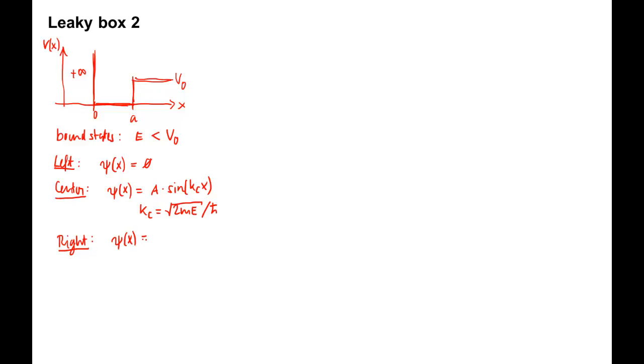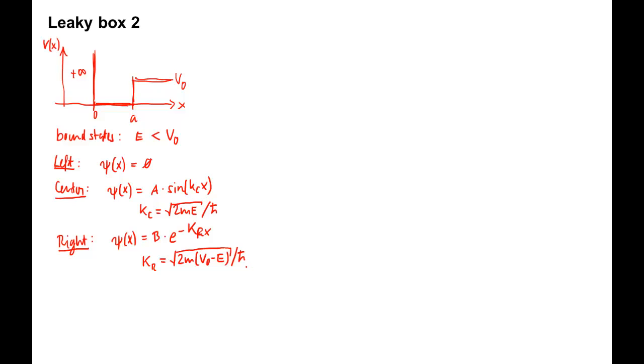Psi of x equals B times e to the negative uppercase Kr times x, where uppercase Kr is given by the square root of 2m times (V0 minus E), all divided by h bar.